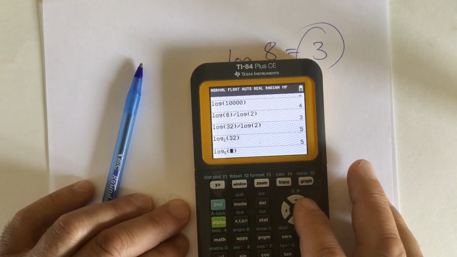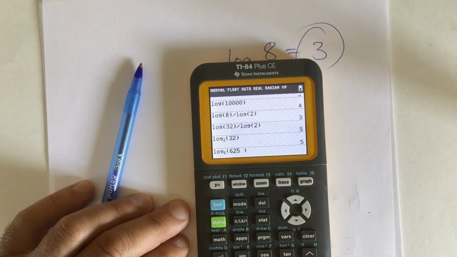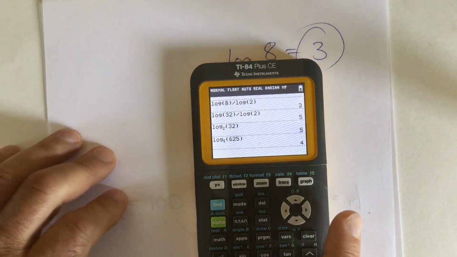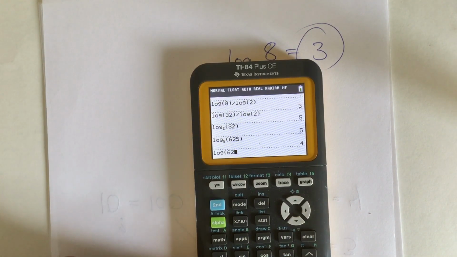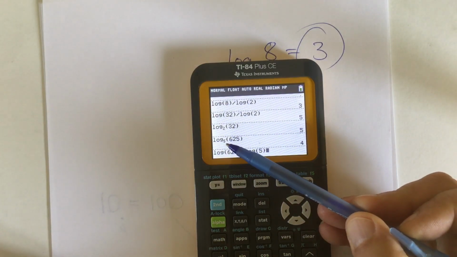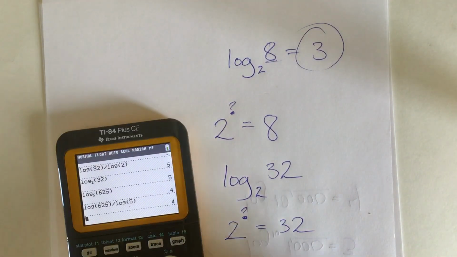Log base 5, and I forgot to do side arrow, of 625. Well, that's 4. Everybody knows that's a fancy way to say 4. Or you don't know that. But you could also do log of 625 divided by log of 5 and trick your calculator into thinking its base is 5. And guess what? You'd still get 4.